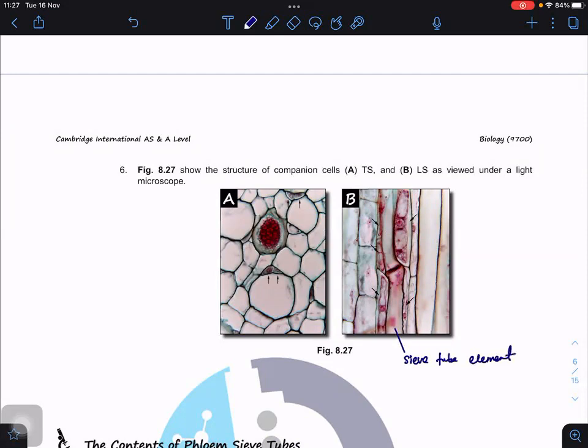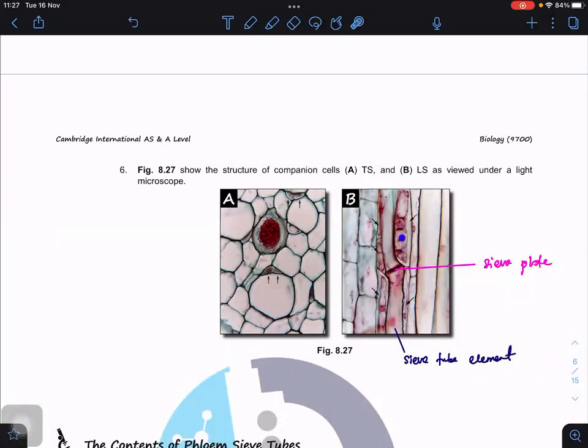In the histology, you can see the sieve tube element. Why do we have a sieve plate? Can you see that? This is a sieve plate. Sorry, I used a different color. Beside this sieve tube element, you can see the nucleus, so these are living cells.